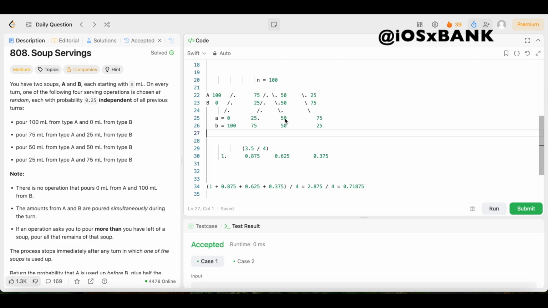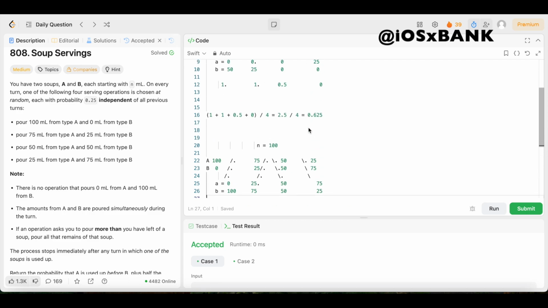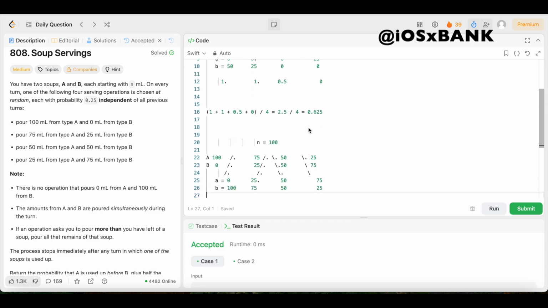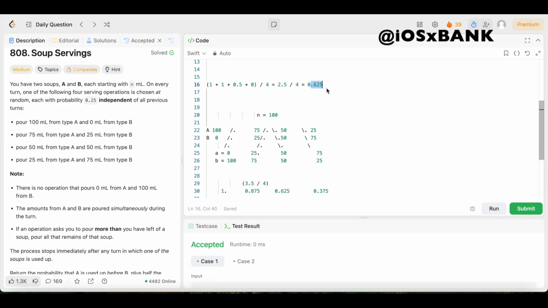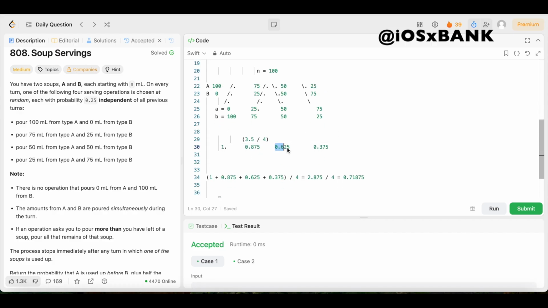Then we come right here, it's 50-50. We already know from before that that's going to get us 6.25. So this becomes 6.25. And then this, you can do the math on your own, similar to homework. This is some homework for y'all. Do this one on your own, just like we did this one, but it should come up to 0.375.